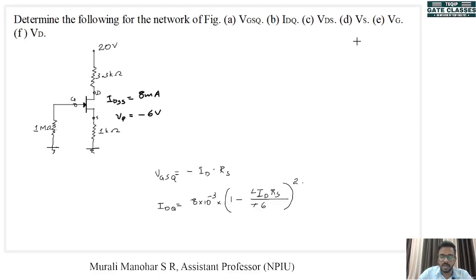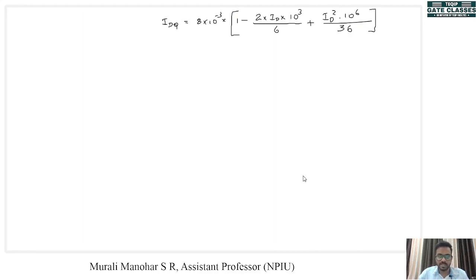The term in the square bracket is 1 minus IDRS by 6 whole square, that is 1 minus 2 into IDRS divided by VP plus ID square R square divided by VP square. Now this will give us 8 into 10 to the power minus 3 minus 2 into 8 into 10 to the power minus 3 into 10 to the power 3 divided by 6. So 10 to the power minus 3 and 10 to the power 3 cancels. 2 into 8 is 16, so 16 by 6, which is 2.67.